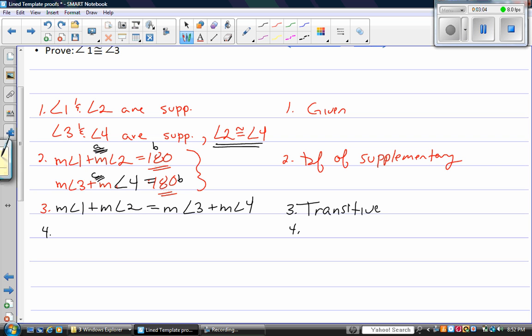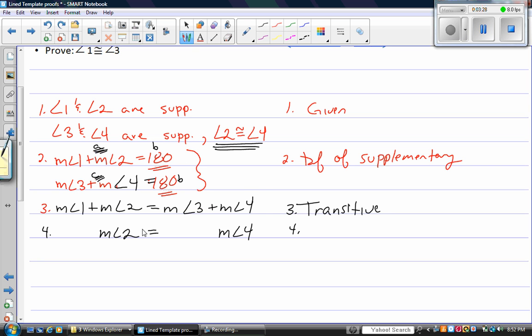But if we look at the given, we knew that angle 2 was congruent to angle 4. So if angle 2 is congruent to angle 4, then the measure of angle 2 is equal to the measure of angle 4. And what's nice about knowing that is that the value of angle 2 shows up on the left and the value of angle 4 shows up on the right. Since they're the same thing, we can remove them both from the left and the right.